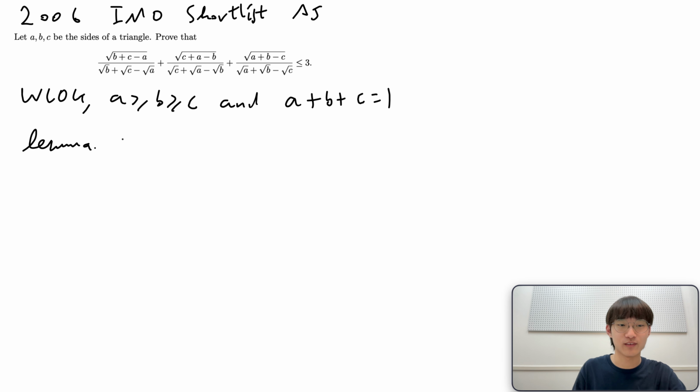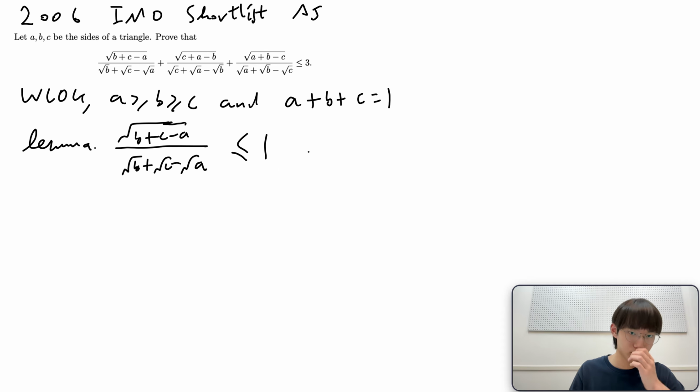Do we have to write lemma? Let's just write it because it's the first half. I can't write today. The term over root b plus root c minus root a is less than or equal to 1. I'm not going to write it formally because it will take up too much time and space. So here is our proof.